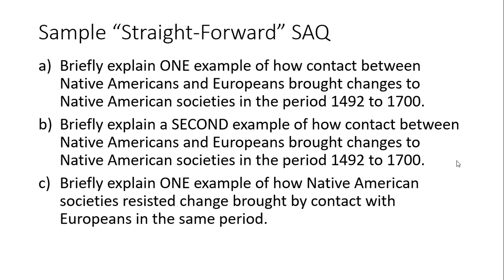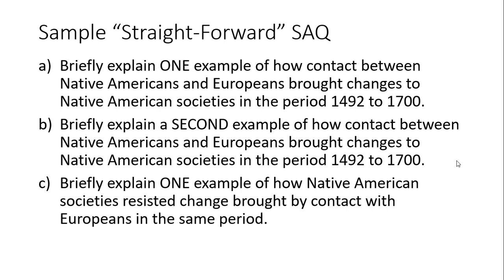So I have an example here. First, this is an example of a straightforward short answer question, which we'll be looking at more in depth in a different video, but this gives you a little feel of the question before I give you an example of the wind-up.